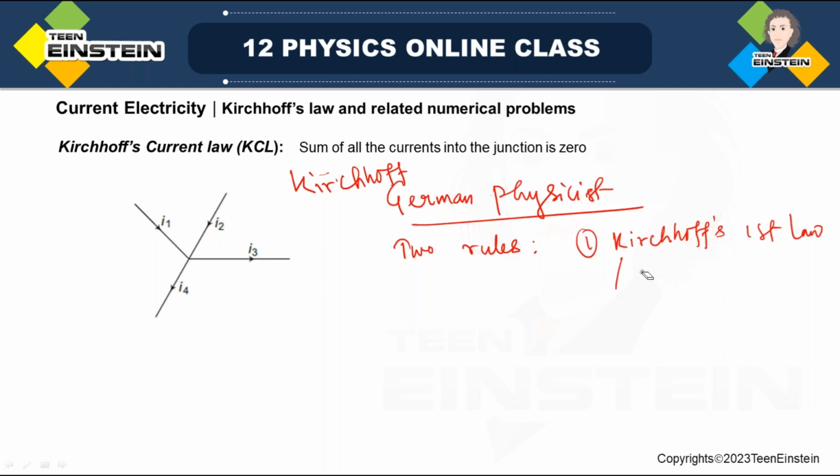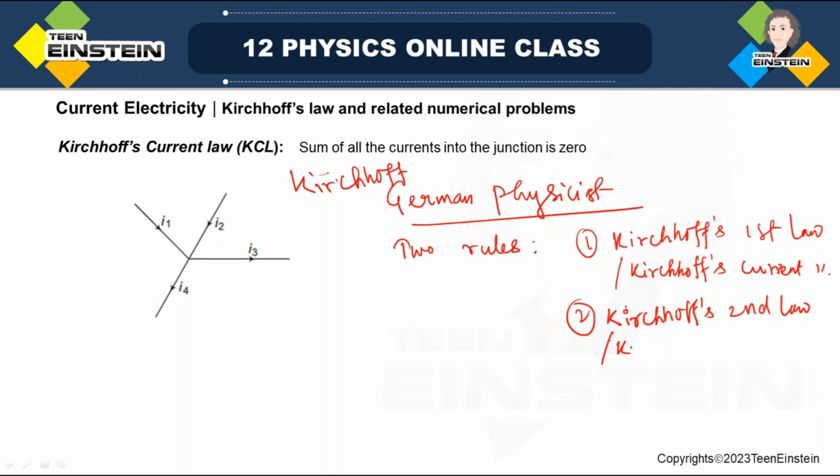The second is Kirchhoff's second law, or Kirchhoff's voltage law.